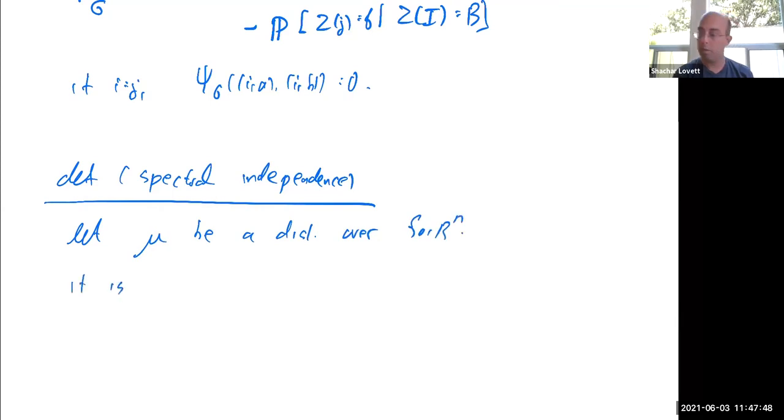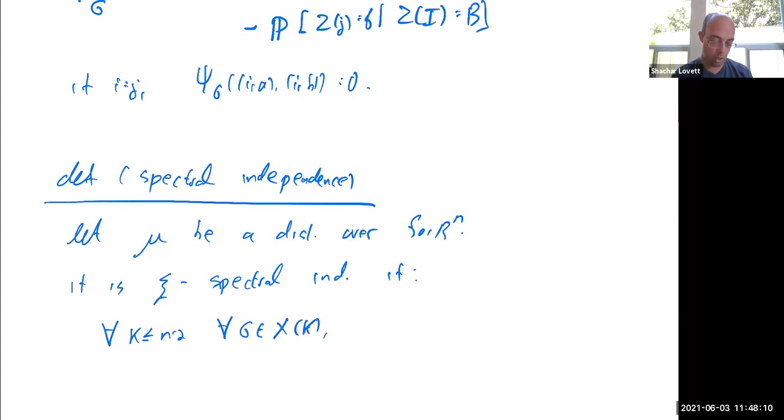It is, let's call it, I use a little chi here, chi spectrally independent if the following thing holds: for every k at most n minus 2, for every face sigma in X_k, if I look at this correlation matrix, C sigma, its spectral norm is at most chi.